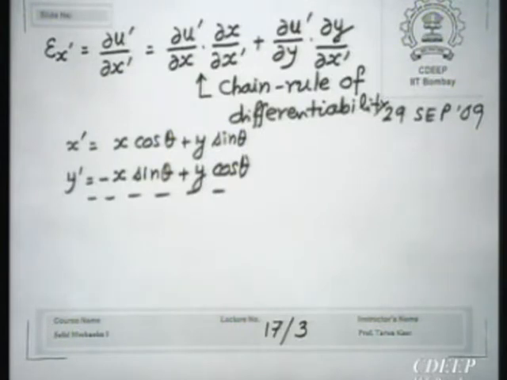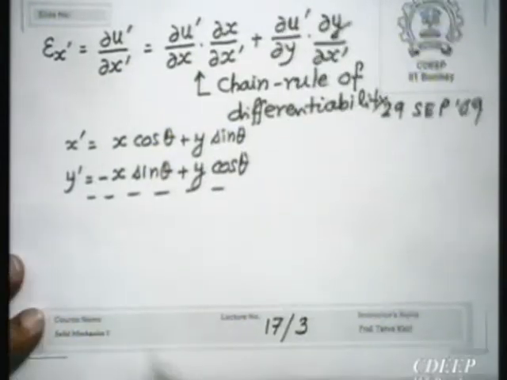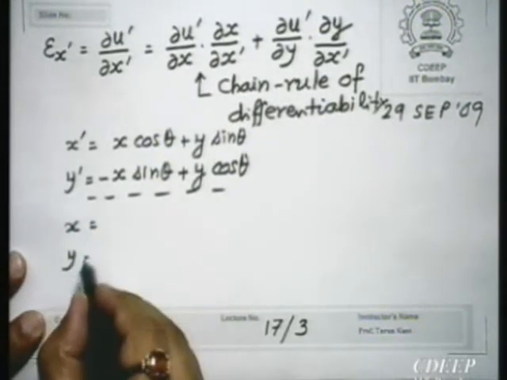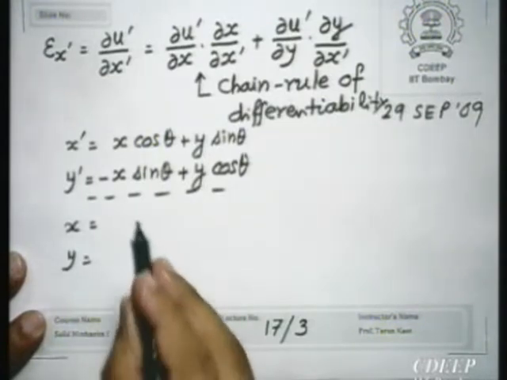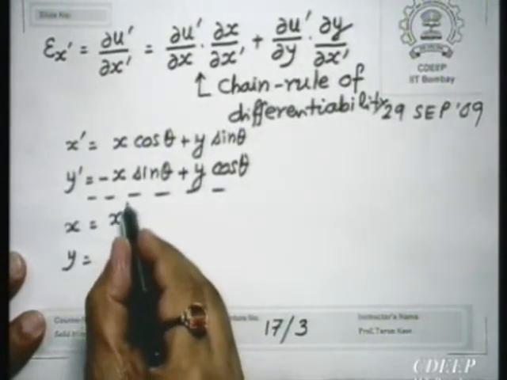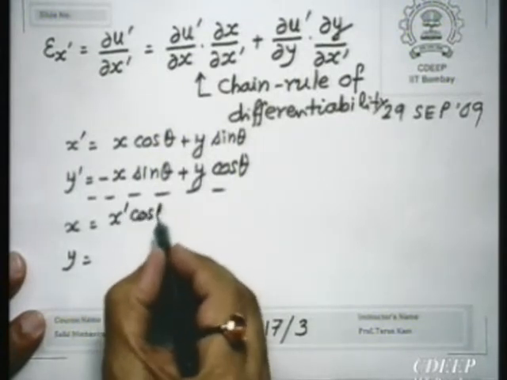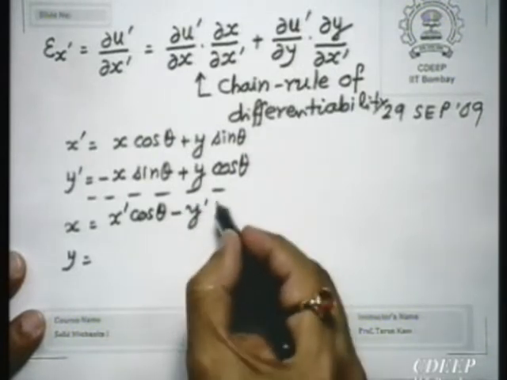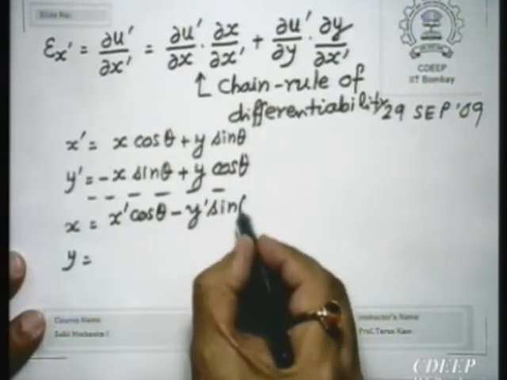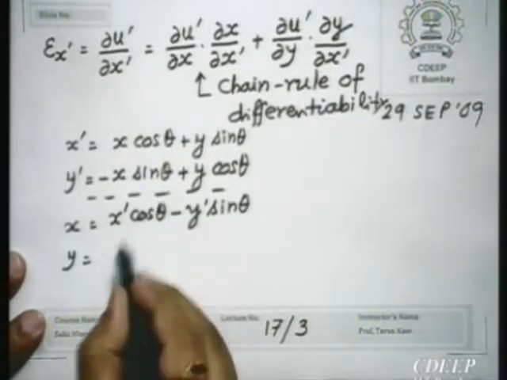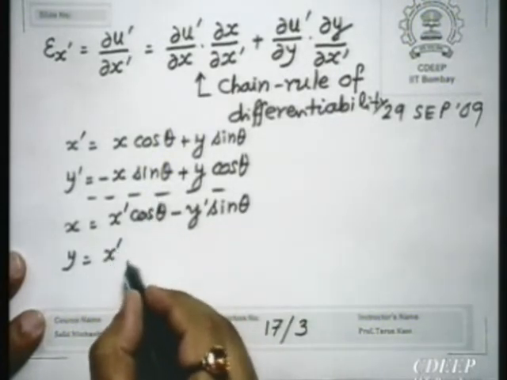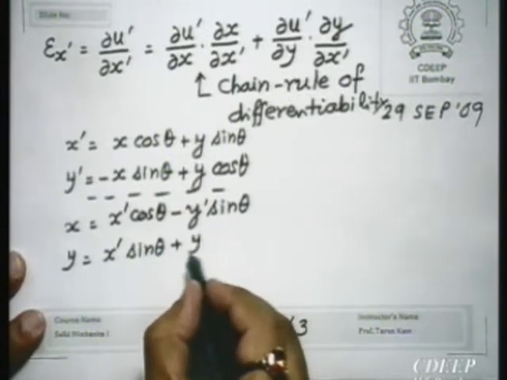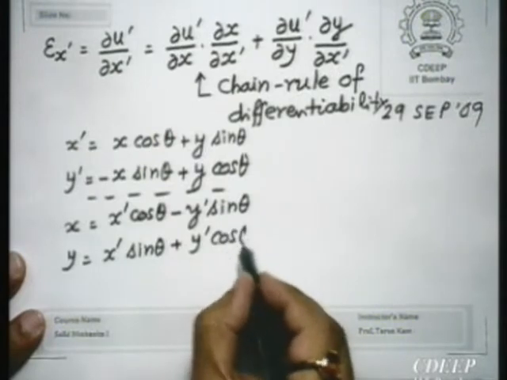Okay. Similarly, I can take the inverse relation of this. I can also write x and y in terms of x dash y dash. So, x comes out to be x dash cosine theta minus y dash sin theta, and y is x dash sin theta plus y dash cosine theta.